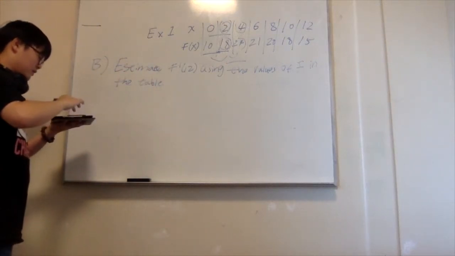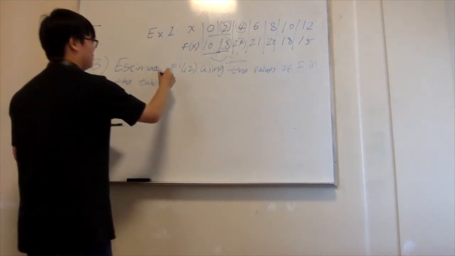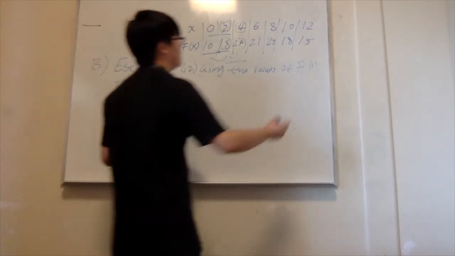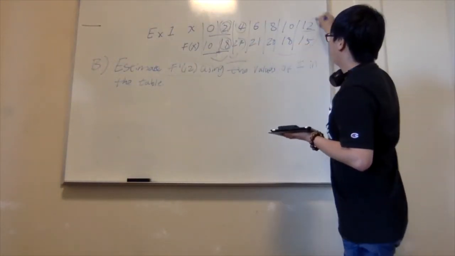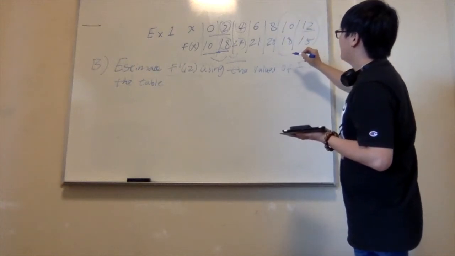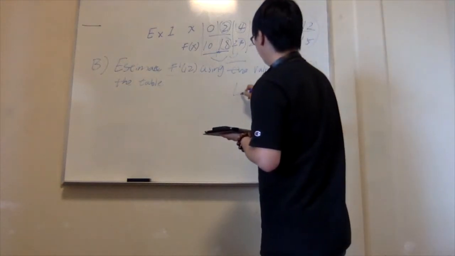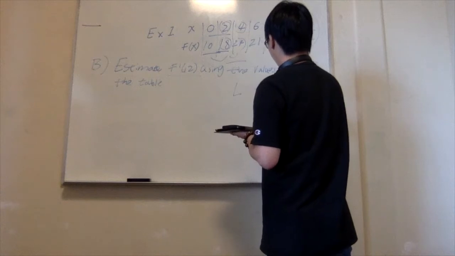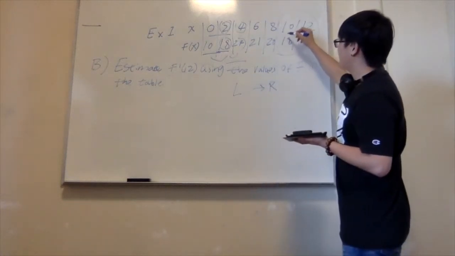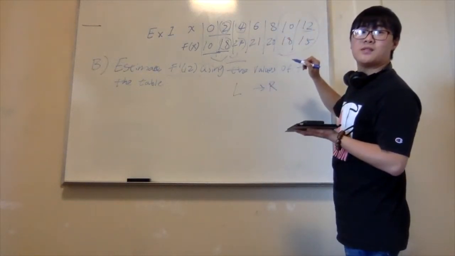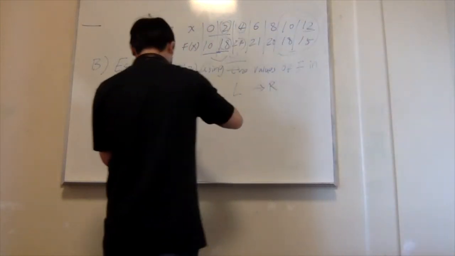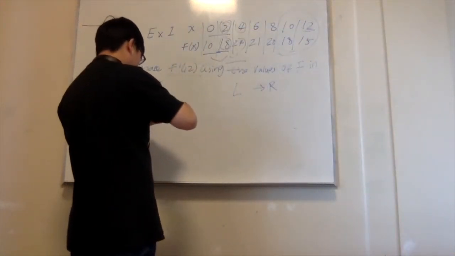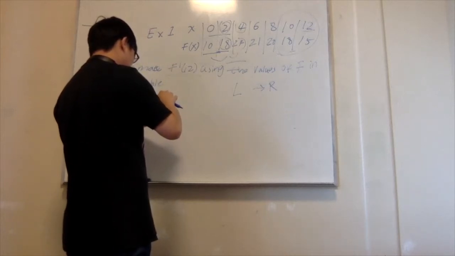Okay, so f prime of 12, which is this one, is only on one side. From the left to the right, this is only the right side. So we don't have to find two sides to get the answer.